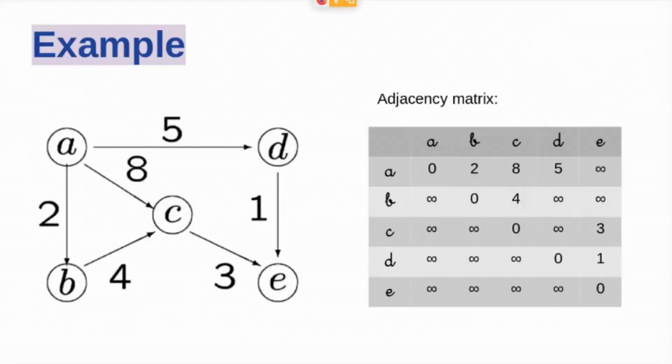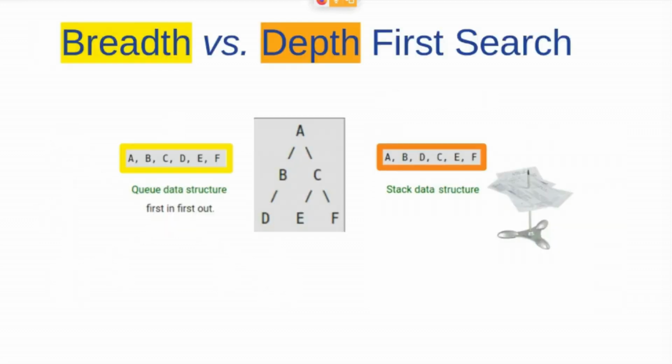Well, let's have a look at a simple example in order to calculate the adjacency matrix, because afterwards we are going to deal with the breadth versus the depth first search algorithms. Remember that these are the blind algorithms, the algorithms that don't have weights assigned to the edges.